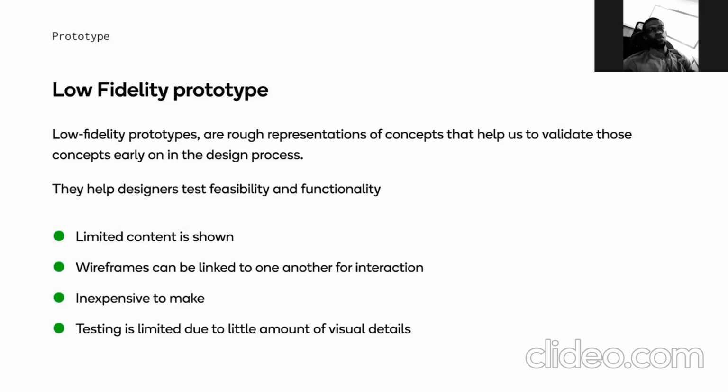Because of how rough they are, the contents they contain are usually very limited. You most likely will not have color, you most likely would not have images on your lo-fi designs, and probably you won't have elaborate icons as well. So limited content is usually shown on the low fidelity prototype.